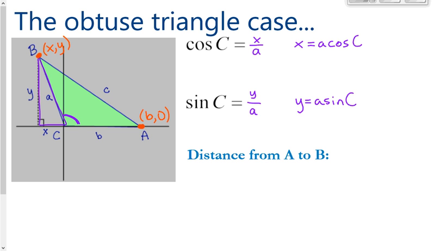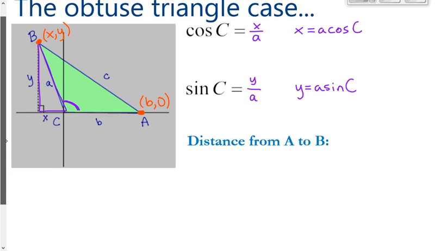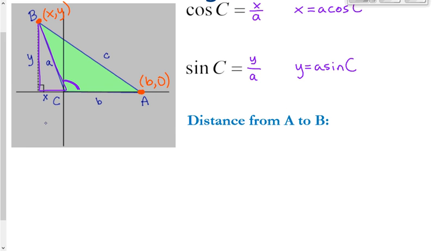And the distance formula, in case you don't remember, it's probably been a while since you've thought about it. The distance between 2 points is the square root of the difference in the x's, x sub 2 minus x sub 1 squared, plus the difference in the y's, y sub 2 minus y sub 1 squared. Now that distance formula is just based on the Pythagorean theorem.